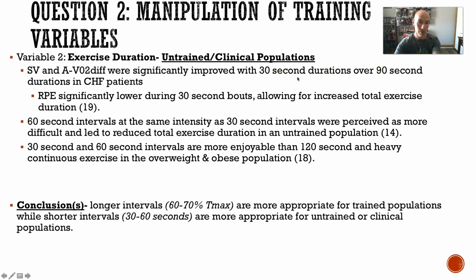So what I would do, of course, is start on the low end. If you have a new client who's in a clinical population, start at 30 seconds. And then slowly, as their fitness level progresses, you would increase the duration. Okay, so somewhere in this range is recommended, but I would always recommend starting at the low end of the range, especially with the clinical population.